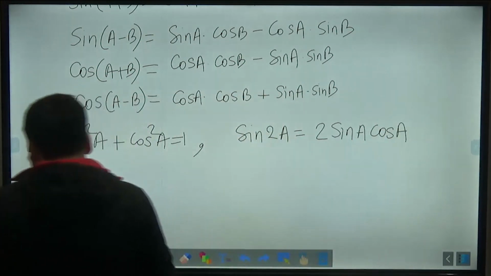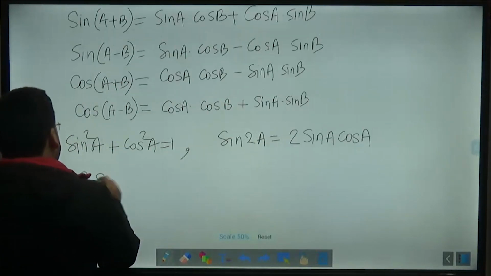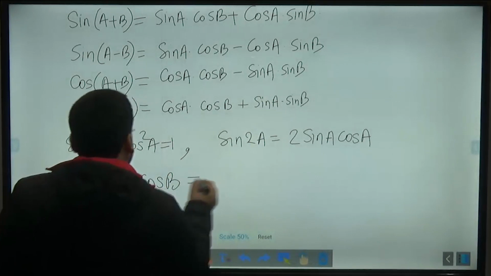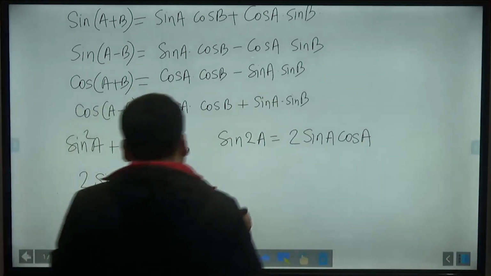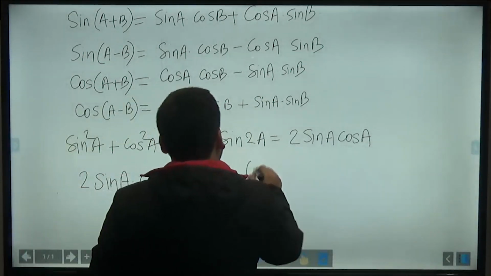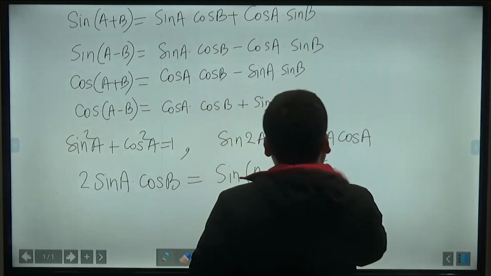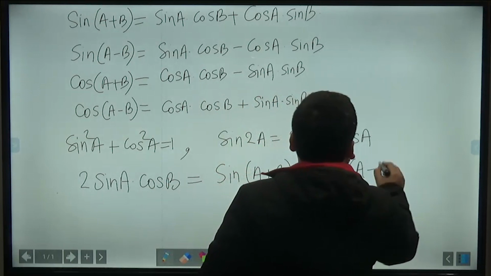Then we have 2 sine of a cos of b. It will be equal to sine of a plus b, plus sine of a minus b.